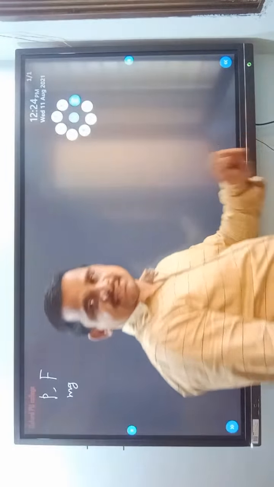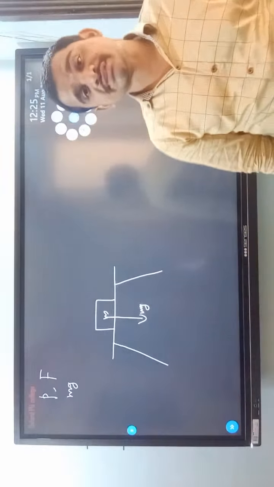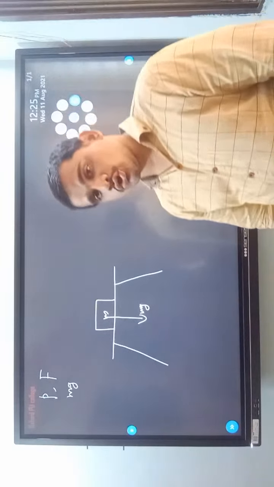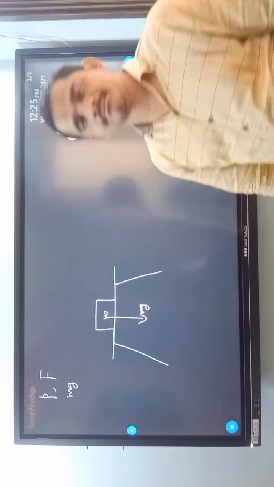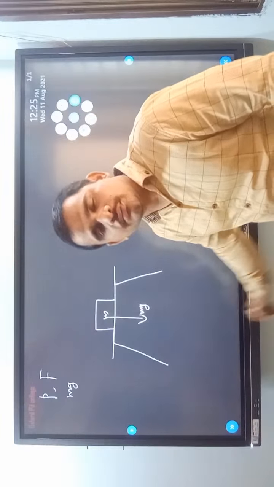Now I'll look at one more force, the normal force. The same block m is placed on a table. What is the force acting on it? mg is the force acting on the block of mass m by gravity. At the same time, if only this force is acting, this body has to move down.